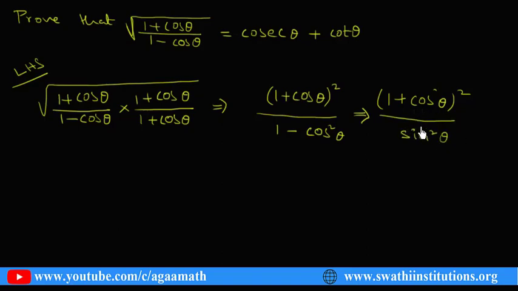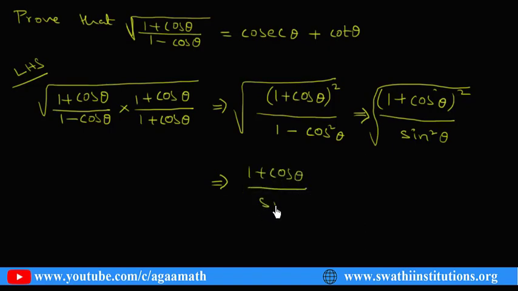Now this also has the under root. So it is (1 plus cos theta) whole square by sin square theta, where the root is for both the numerator and denominator. If you simplify this, what we get is (1 plus cos theta) by sin theta.